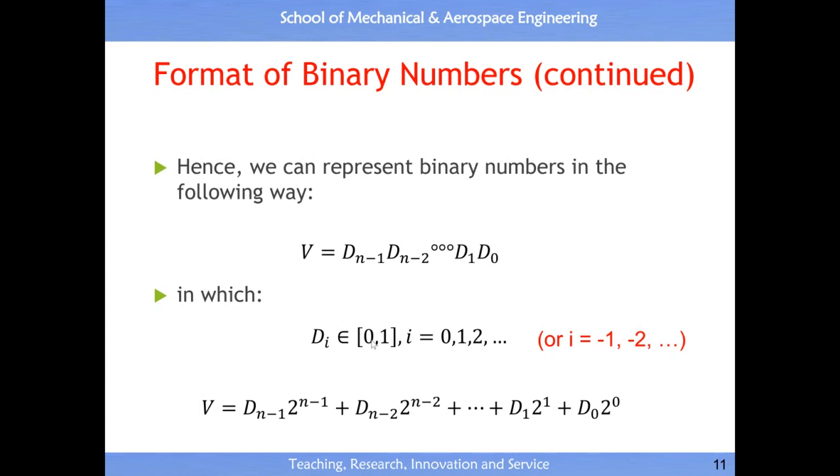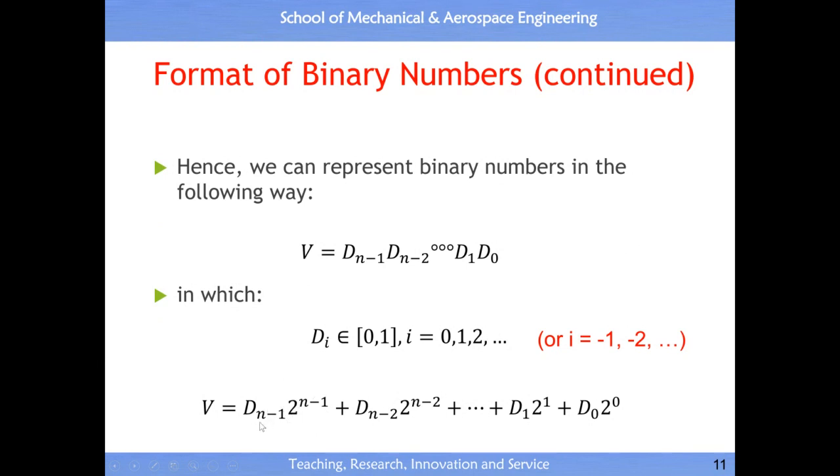Then how do we evaluate the final value of a series of digits? The answer is here. Okay, so this is the equation. The value represented by a series of digits is equal to the sum of the value represented by each digit. Then the value represented by each digit is equal to the multiplication of the value of the digit itself times the value of the digit's position.